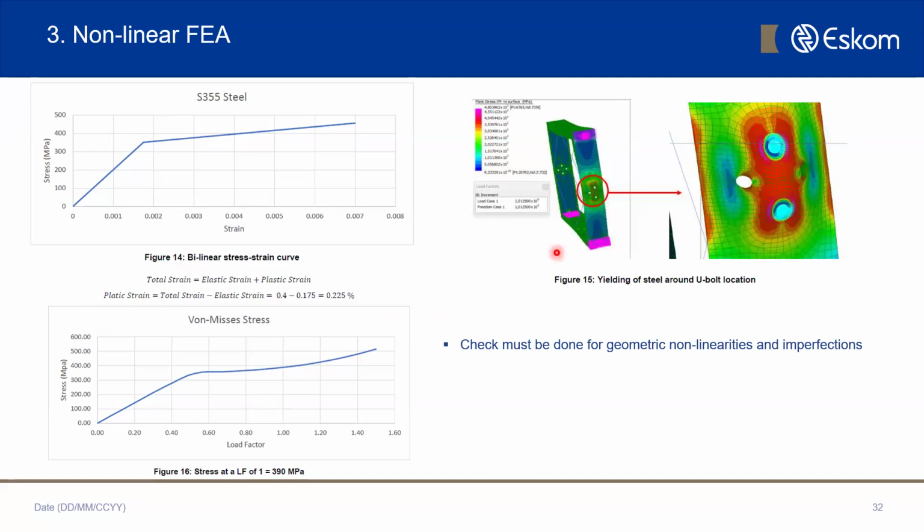What's important to note is that because the conductor is not directly normal or perpendicular to the face of the box, it's at an angle. You have 2 components, and one of the components is going to push down on this box section, causing compression at the bottom.